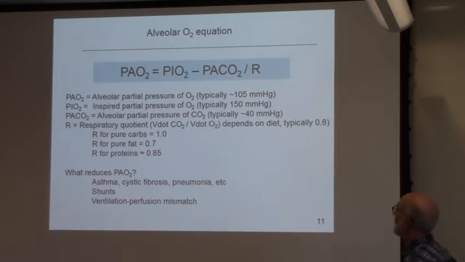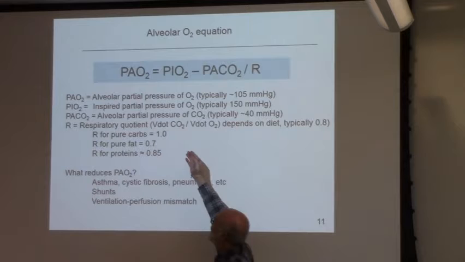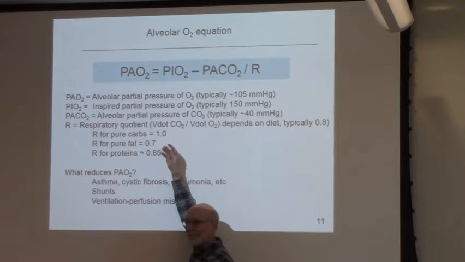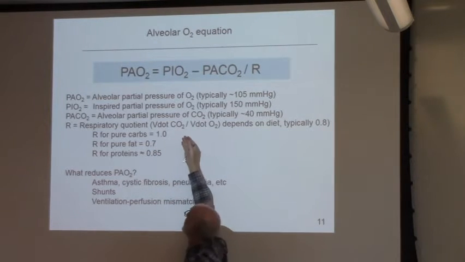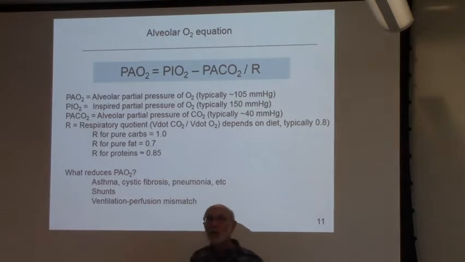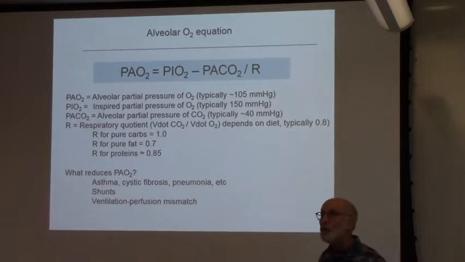And what's interesting is that it depends on the diet. Isn't that weird? If you eat pure carbohydrates, nothing but potatoes, white bread, your respiratory quotient is 1.0.